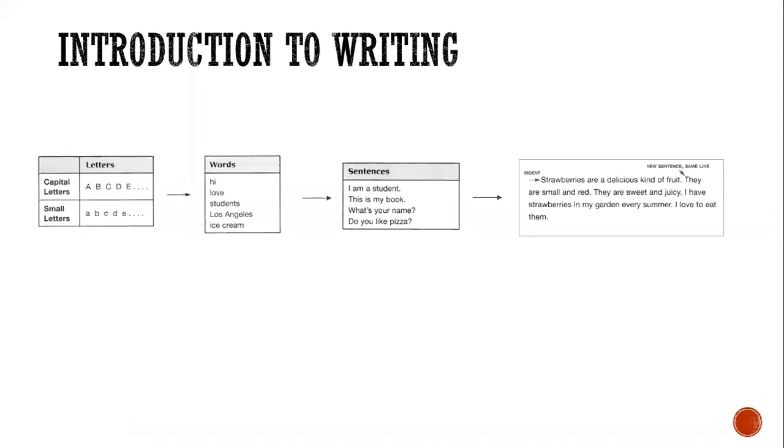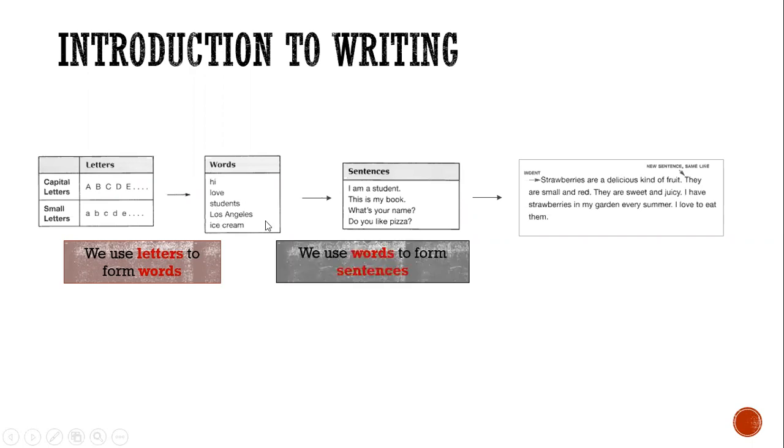Basically, when we are writing, we use letters to form words. So we have capital letters and small letters. These letters, we combine them together and we can make words out of them. And from words, we turn them into sentences.